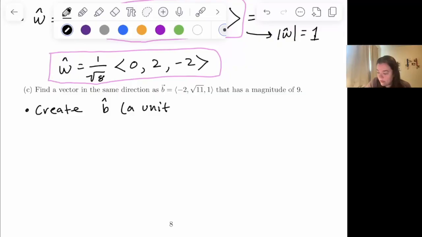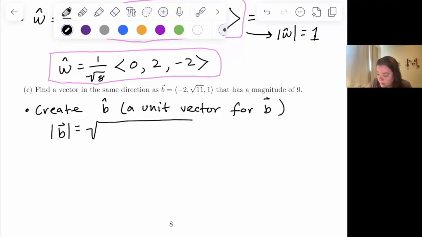B hat is a unit vector for vector B. So that is step 1 of what we are going to do. Creating that unit vector, the first thing you do is find the magnitude of the original vector B. Go grab your x component, square it, plus your y component, square it, plus the z component squared.